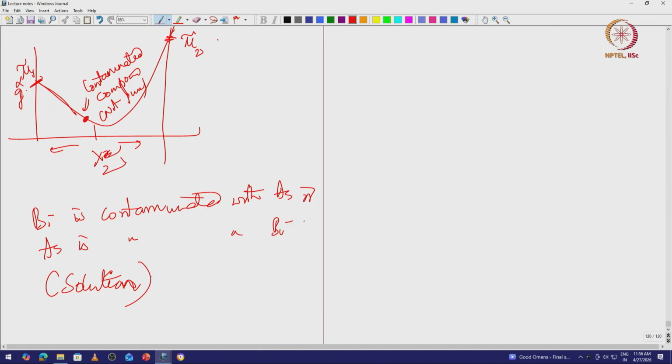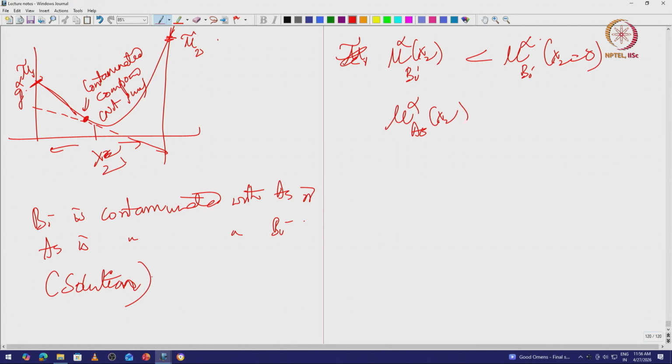Now, in the solution, look, mu 1, mu of bismuth at x2 is actually less than mu in the alpha phase of bismuth at x2 equal to 0, right, in the alpha phase. Similarly, mu of arsenic at x2 is less than mu of arsenic in the pure arsenic phase, right.